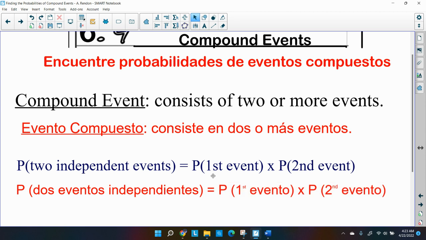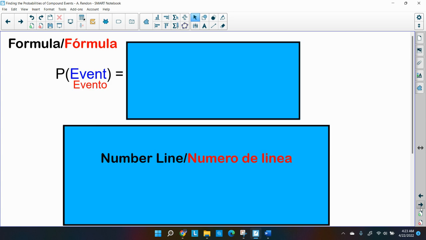To find the probability, P, of 2 independent events, you multiply the probability of the first event times the probability of the second event. If you're doing more than 2 things, you multiply all of those different items or activities.